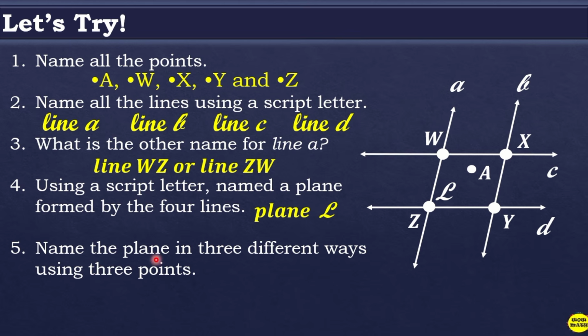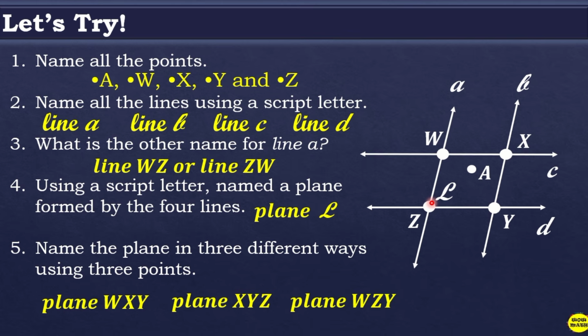Next, name the plane in 3 different ways using 3 points. So, ito naman. Ito na po yun. So, name the plane in 3 different ways using 3 points. So, kahit ito yung plane mo, pangalanan mo daw siya using 3 points. So, we can have plane WXY, pwede rin plane XYZ, pwede rin plane WZY, okay, pwede rin plane ZWX.